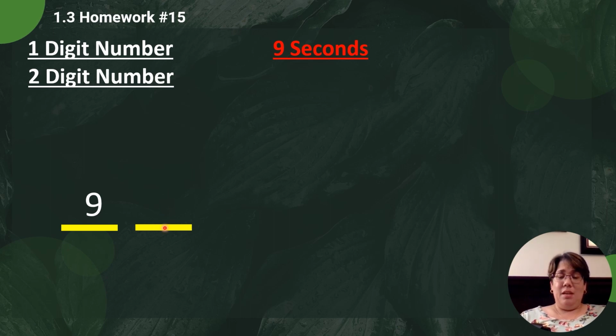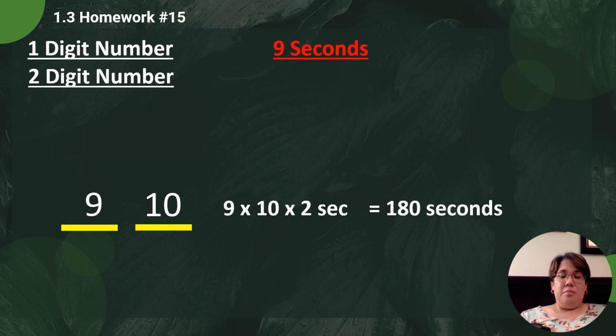So you actually have 10 different digits that can go in this second blank. So that means that you would have a total of 9 times 10. This is a two-digit number, which according to the problem is going to take 2 seconds to write. And when you say 9 times 10 times 2, you're going to get 180 seconds. Okay, so for all of your two-digit numbers, you're going to get a total of 180 seconds.